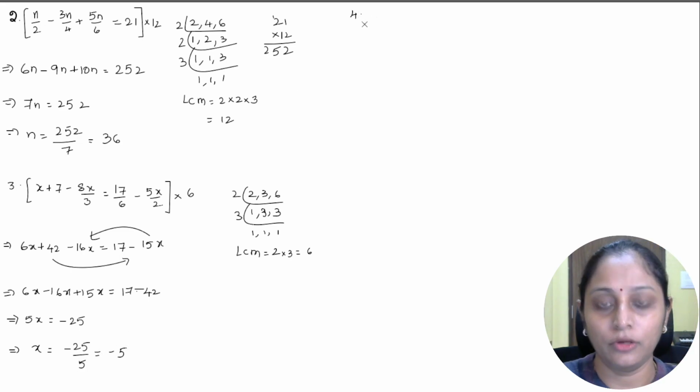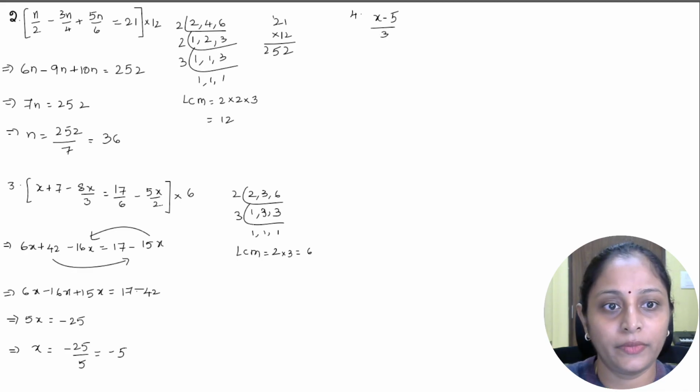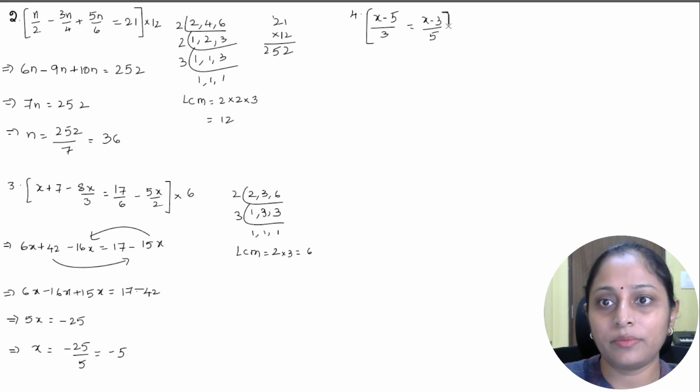Next, coming to the fourth question. x minus 5 by 3 is equal to x minus 3 by 5. Here the LCM is 15, 3 and 5, 15.